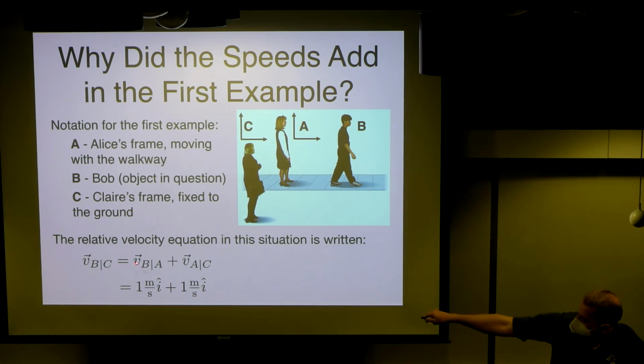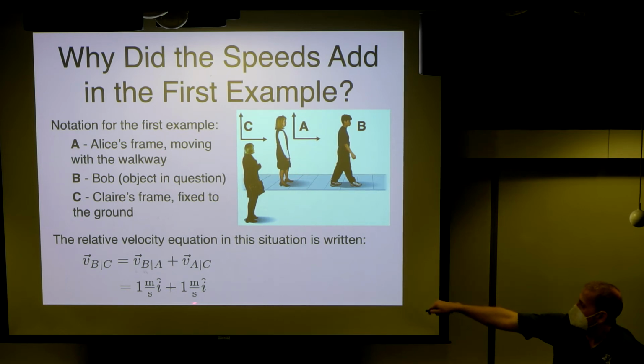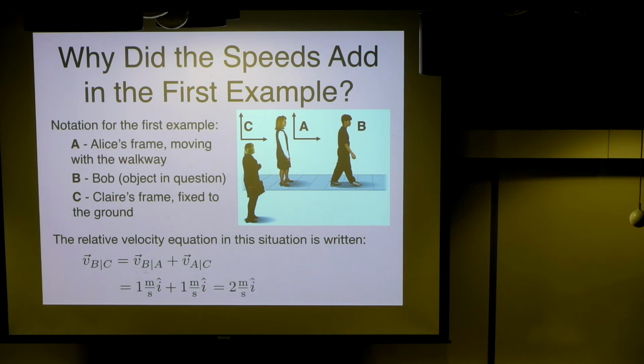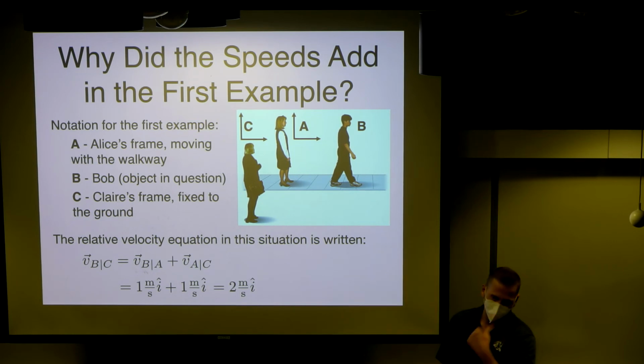Velocity of Bob relative to Alice, 1 meter per second in the positive x direction. Velocity of Alice relative to Claire, 1 meter per second in the positive x direction. That's why you add these together and get 2. So do we all see how to set this equation up in this particular example?